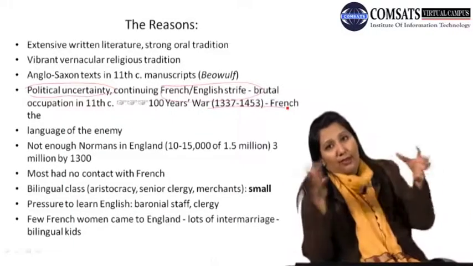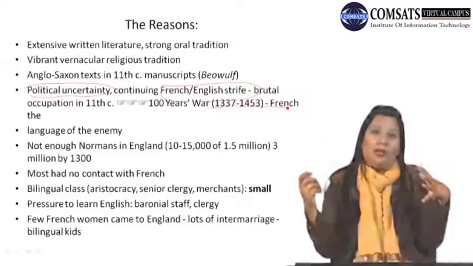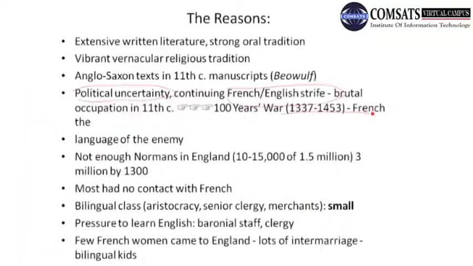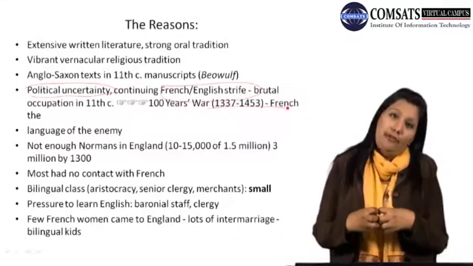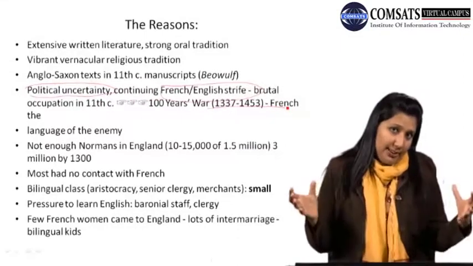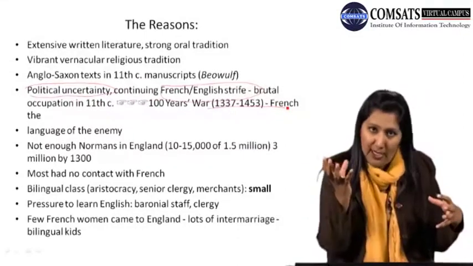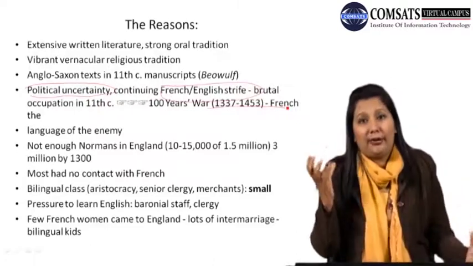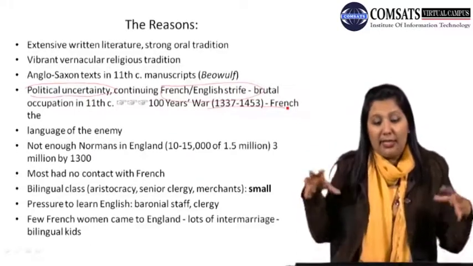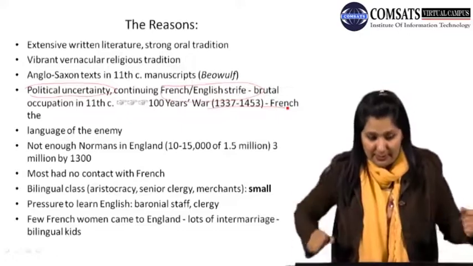It was actually a continuous struggle going on between the French and the English. And French was actually the language of the enemy, because they turned out to be enemies rather than friends. The two nations that used to be under one domain, under the reign of one king, turned into two different enemies.